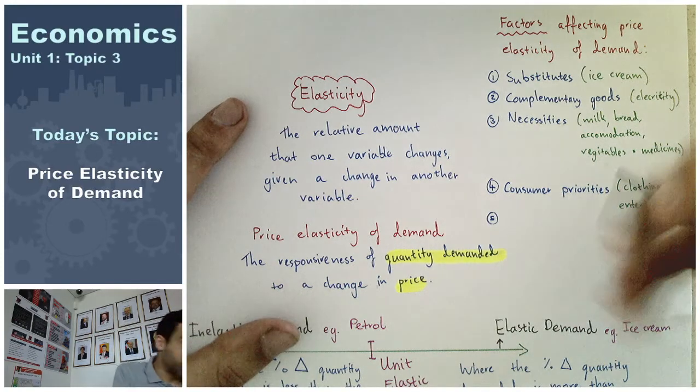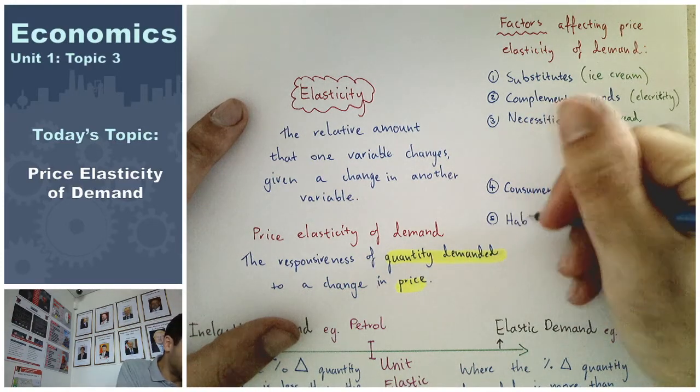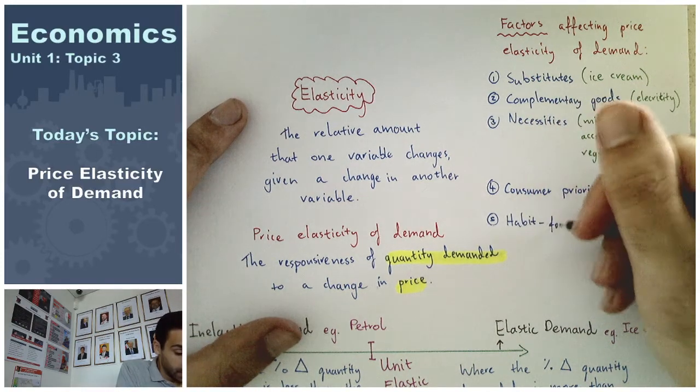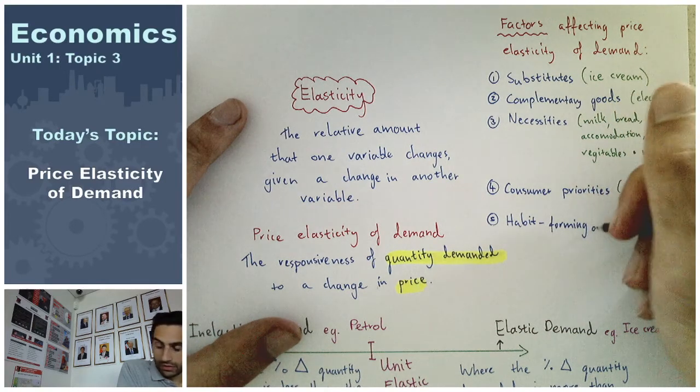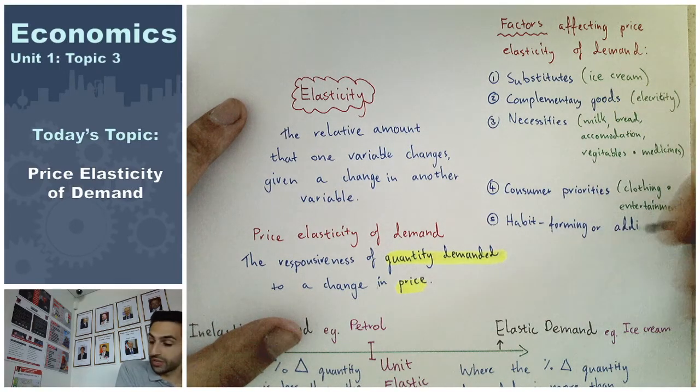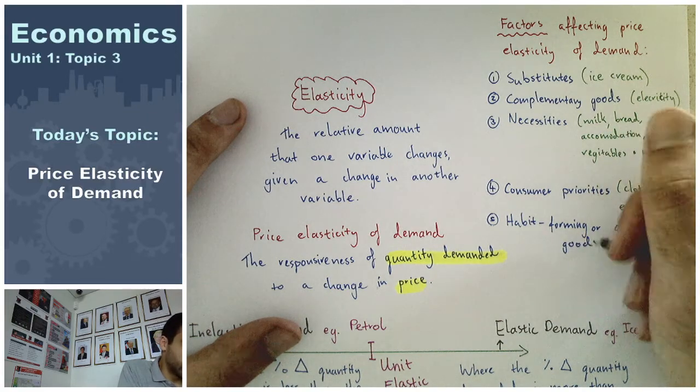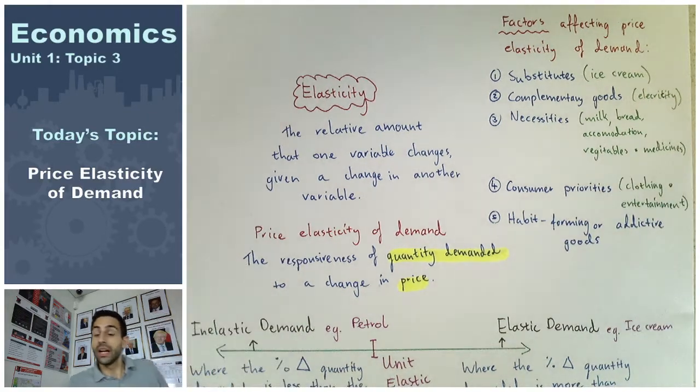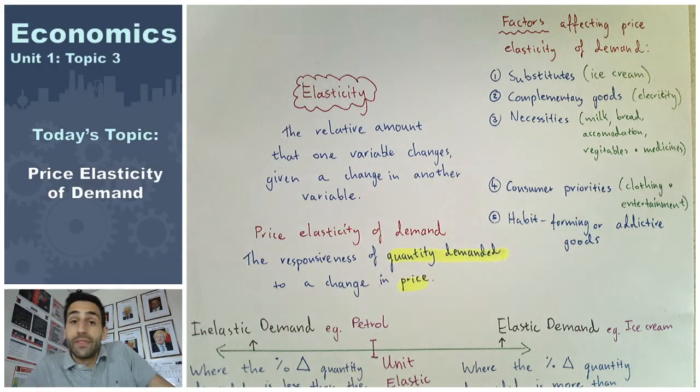And probably the last factor which might affect elasticity will be whether they are habit forming or addictive. Are they addictive goods or services? Like I said before, with cigarettes, if it's addictive, it's going to be inelastic demand because you're going to be willing to pay for it because you are addicted.